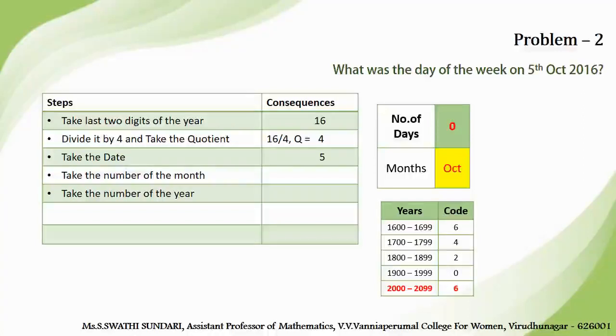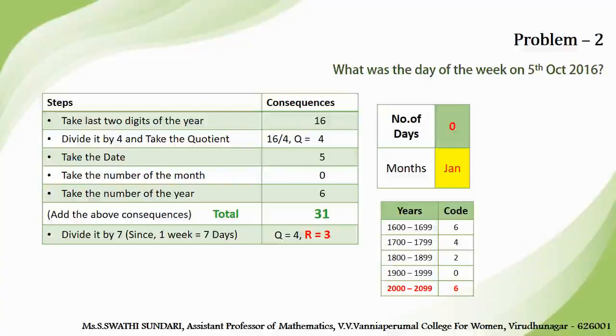October is coded here as 0, and take the number of the year, that was 2016. So 2016 lies between the years 2000 to 2099, and here we code it as 6. So we put 6 here, and adding all these up, we get the value 31.